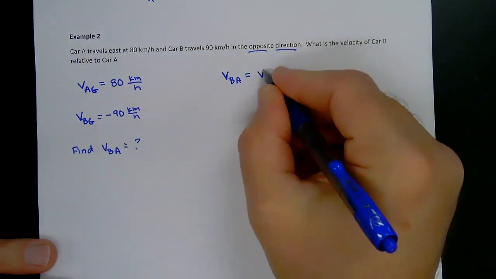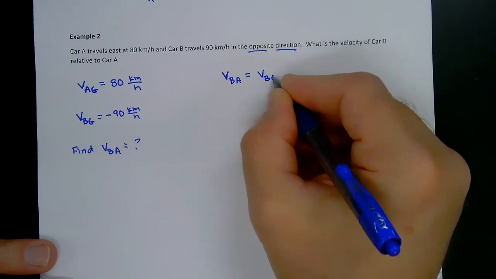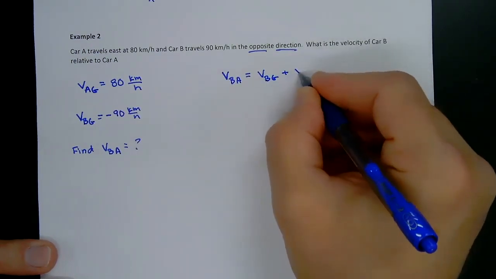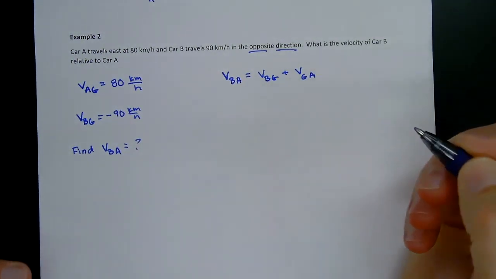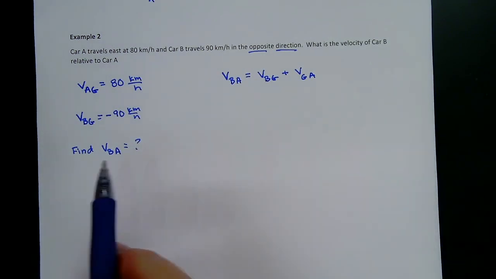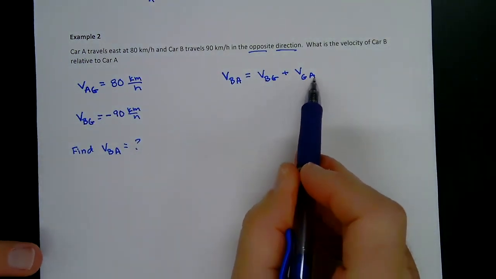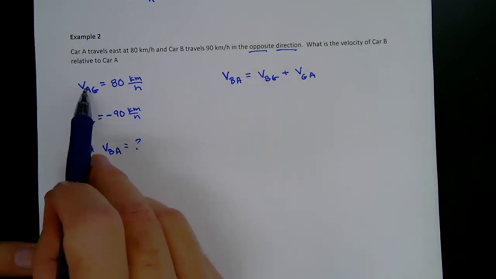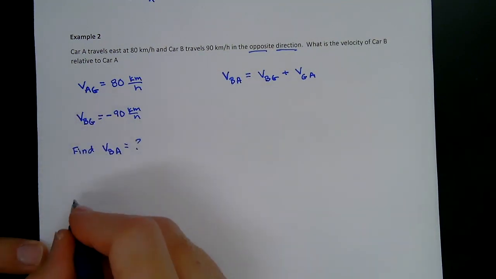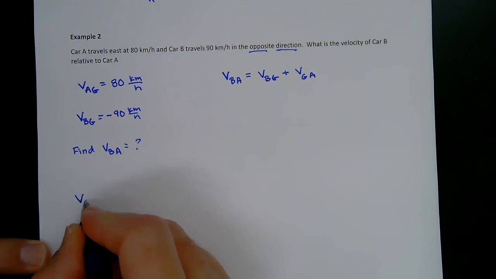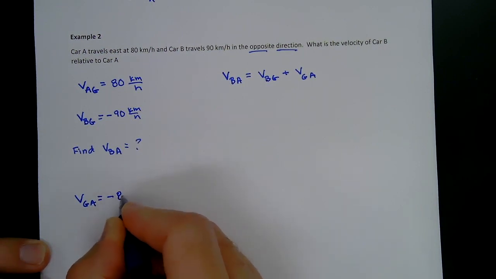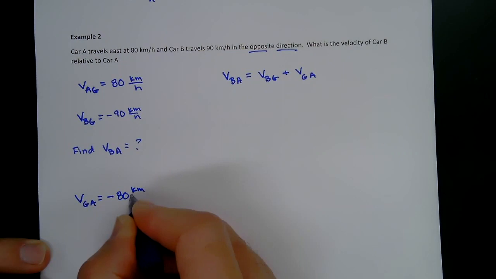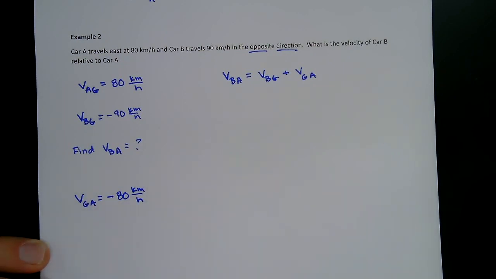So the velocity of car B relative to the ground plus the velocity of the ground relative to car A. Once again, we don't have the velocity of the ground relative to car A, but we have the velocity of car A relative to the ground. So the velocity of the ground relative to car A would simply be negative 80 kilometers per hour. It's always going to be the opposite, right? If we flip it, it's going to change the sign.